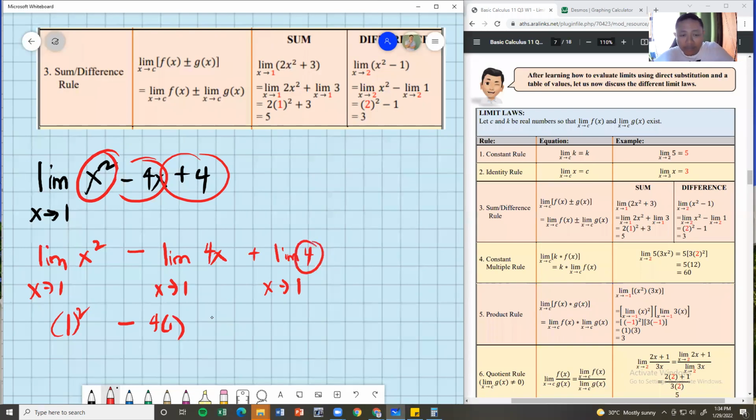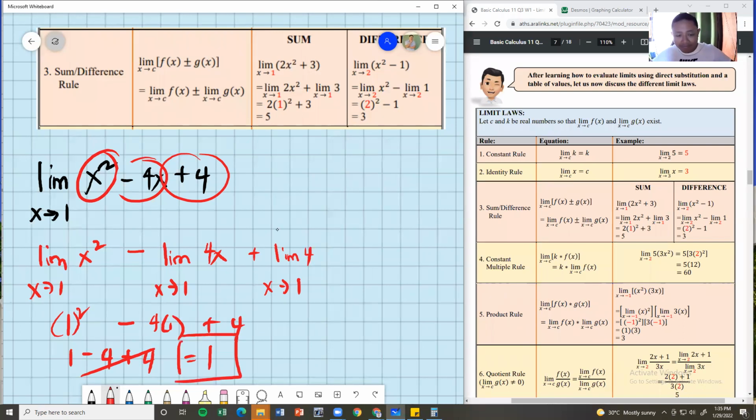Whatever your constant is will be your answer, plus 4. So this is just the same as the direct substitution. Just so you know where direct substitution comes from. It comes from the sum and difference rule. Can you follow? So we will have here 1 minus 4 plus 4. Of course, this will be equal to 1.